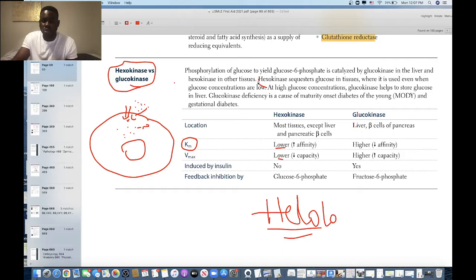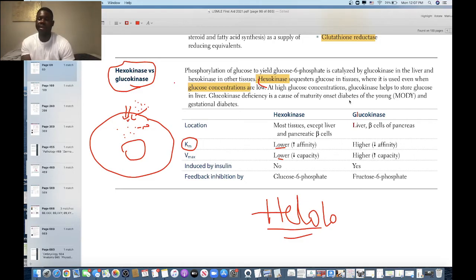So when glucose concentrations are very low, hexokinase can still work. But glucokinase can only work when we have high concentration of glucose, so that when we are hungry, certain cells will still take up glucose, and in those cells it's hexokinase that would most likely work.